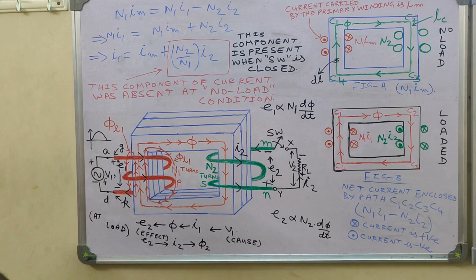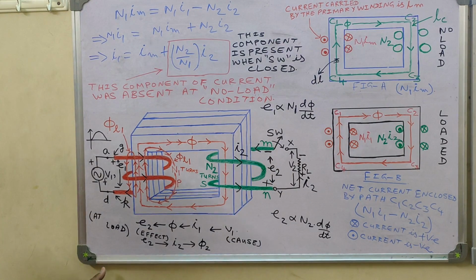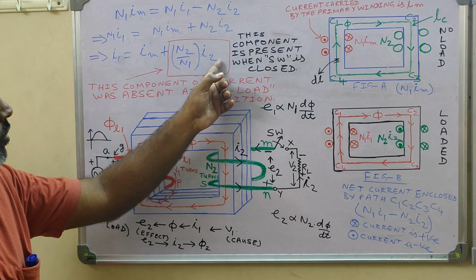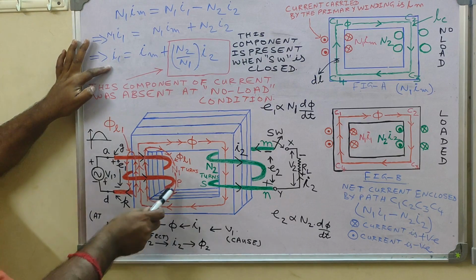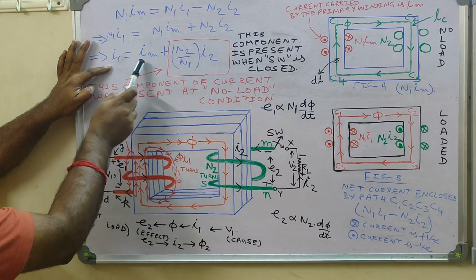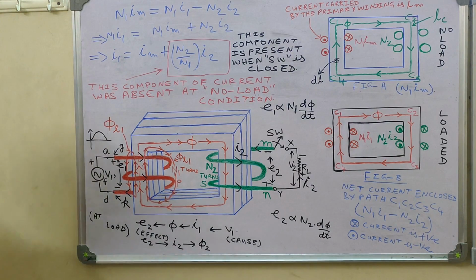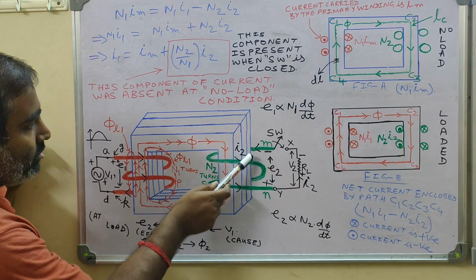Because you see, at no load condition, SW will be open, so I2 will be 0. So this component is 0. So the only current drawn by the primary coil P is Im. At no load condition, SW is open, so I2 is 0.